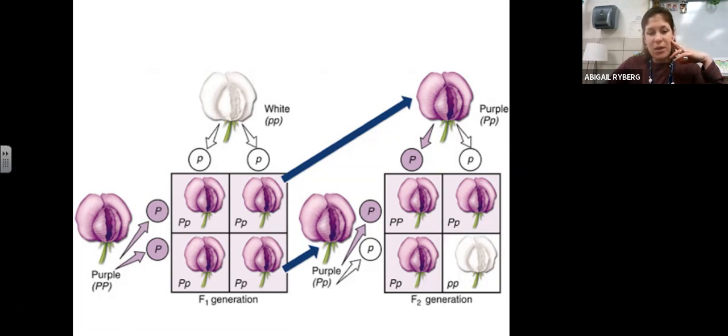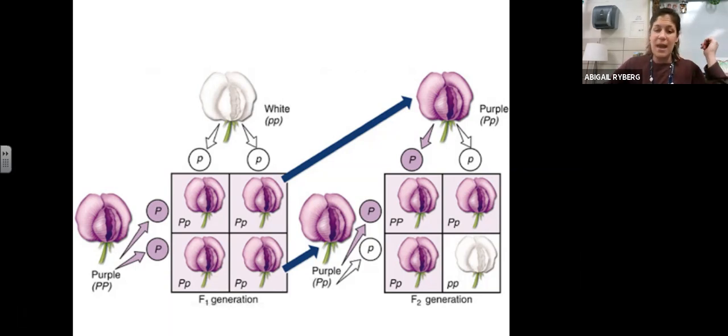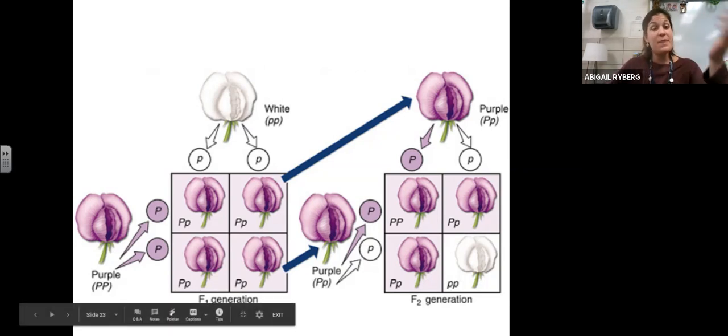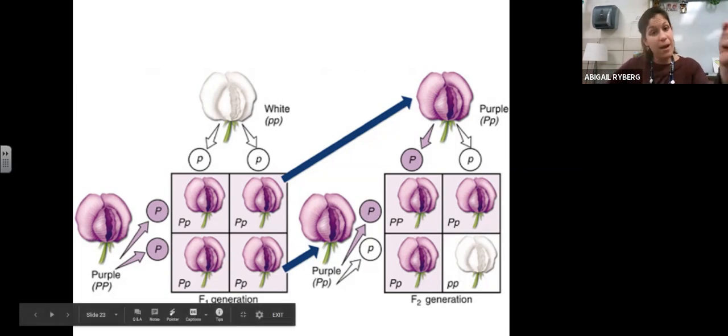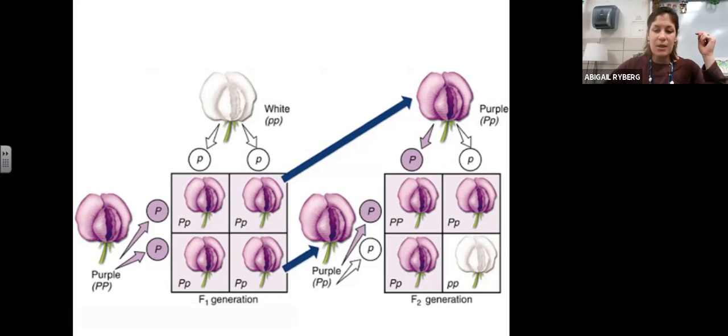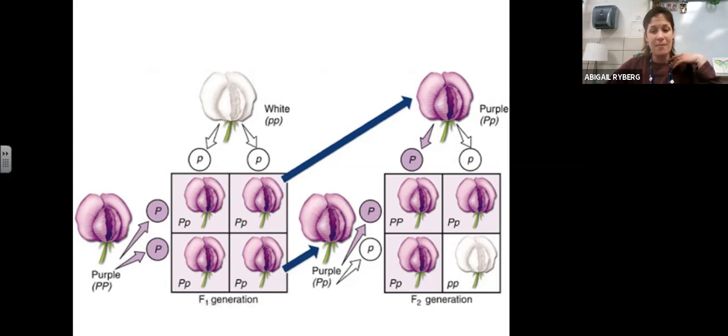If you look at the Punnett square, you can see that all of their offspring are big P, little p. So that's what we have in the second cross: big P, little p, and big P, little p. Then we cross them with a Punnett square, and this is how we see that the white flower is going to pop back up. This white individual got a little p from each of those parents, and it was masked by the dominant allele, big P.